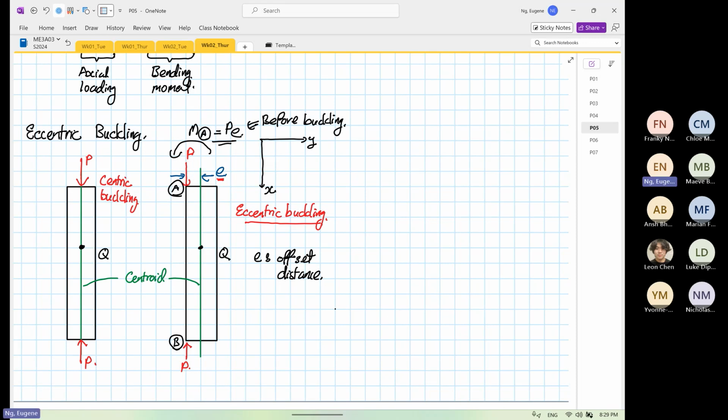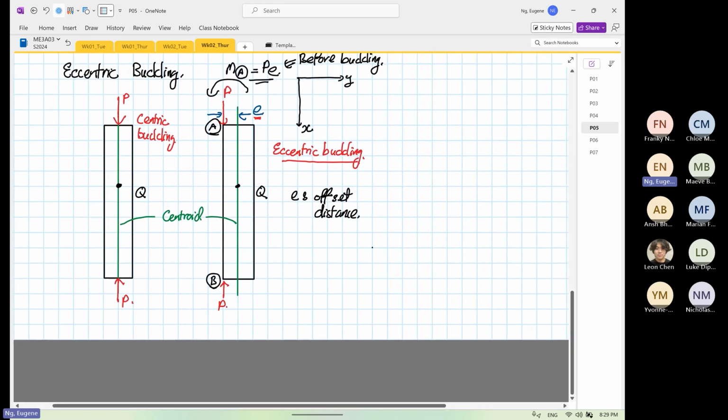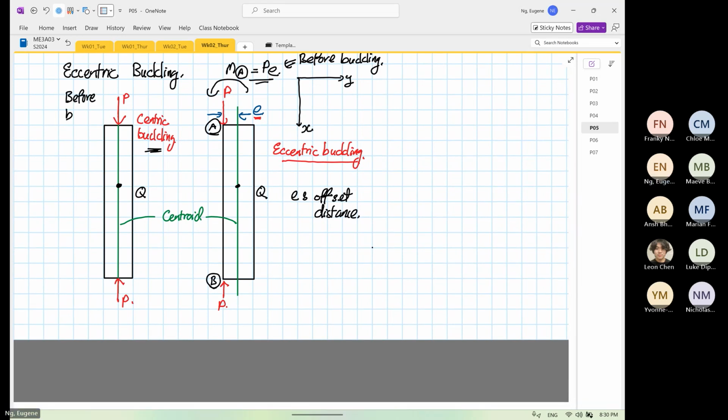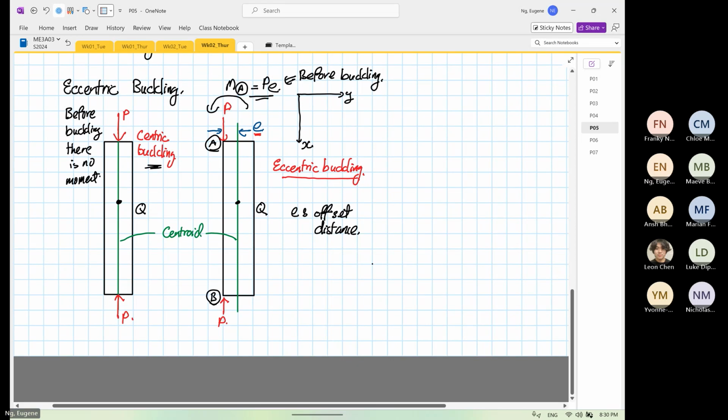If you look at centric buckling, before buckling there is no moment. Whereas in eccentric buckling, before buckling there is already P multiplied by E. You can see the difference.